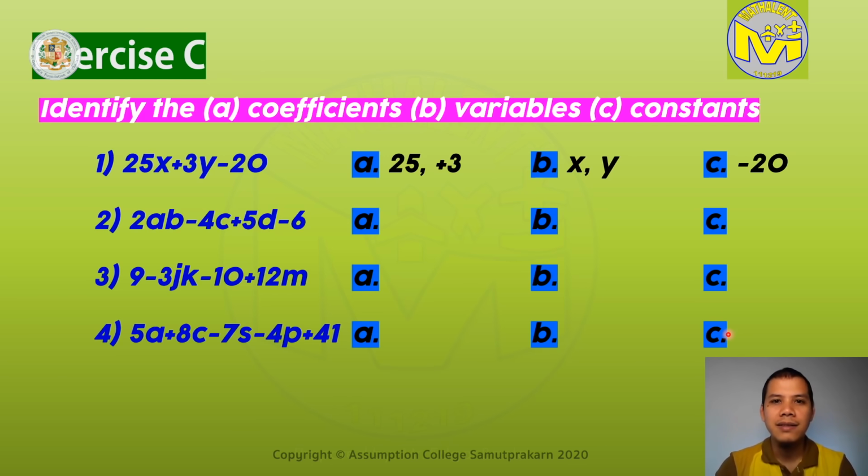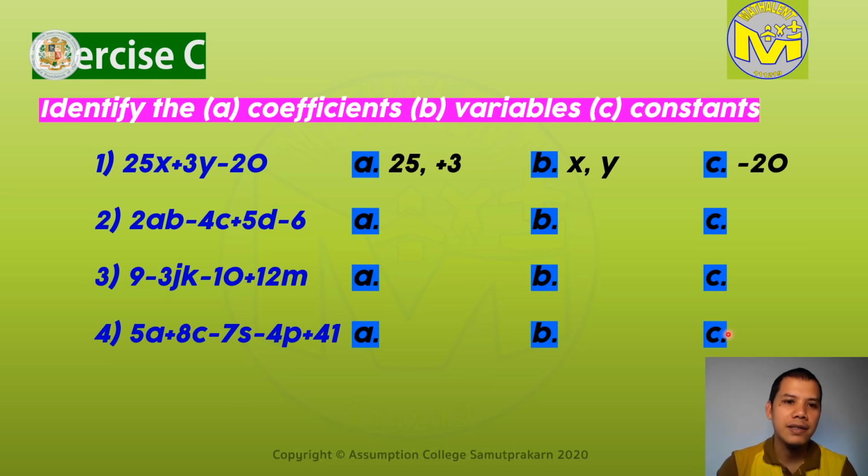How about a? The coefficient of a is also 1. For any letter or variable that you cannot see a number in front of, the coefficient is always 1. Got it? But whenever you see a number before a letter or a variable, that is the coefficient of it.